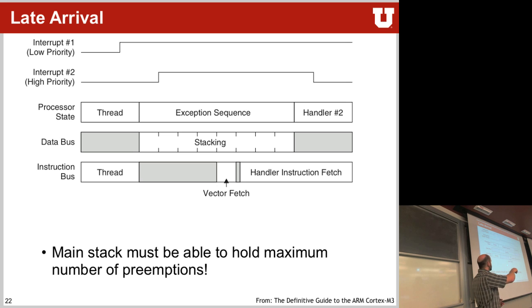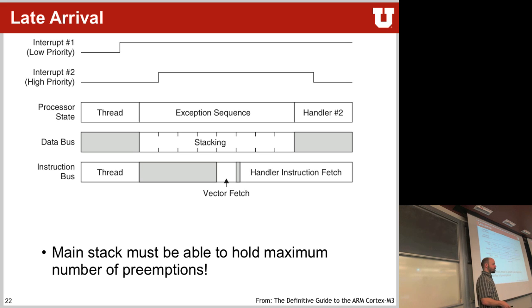Vector fetch is when it goes into program memory and reads the jump location, or the memory location, of the interrupt service routine. So when it reads, for example, address 8, whatever is there will be loaded into the program counter to start executing the interrupt service routine. So as long as this fetch hasn't happened yet, it will execute the one of the higher priority.